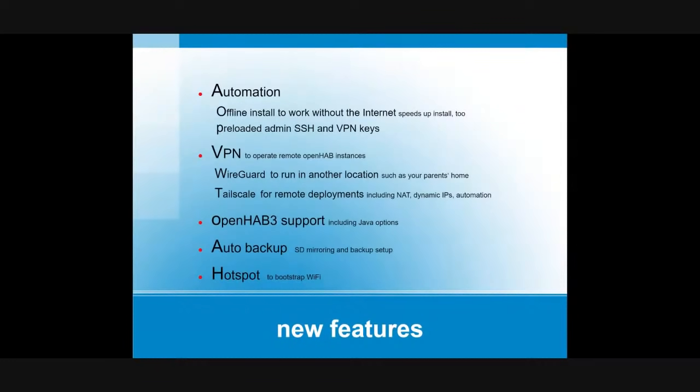WireGuard, which is sort of a one-on-one tunnel, and even more exciting, to me at least, is the Tailscale stuff. That's another open source software, but it's also a service. The guys who built this turned that into a company they run now. But it's open source software still.